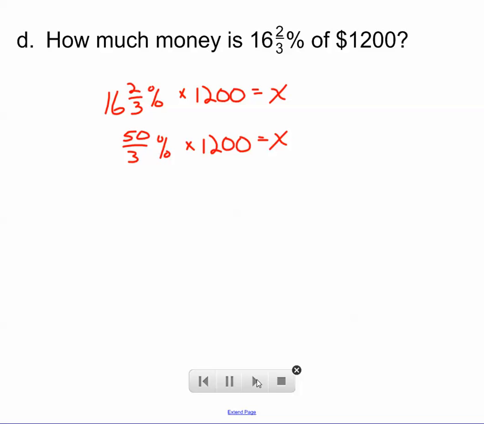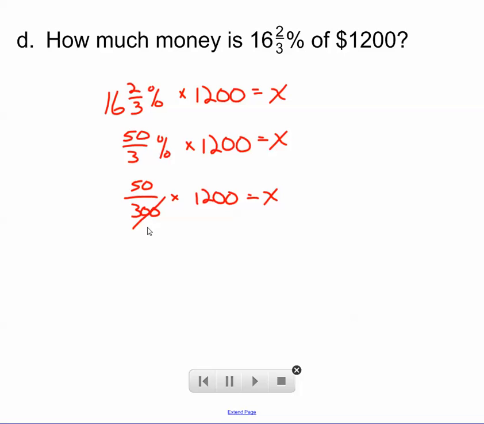Then, to get that out of percent form, I'm going to make it 50 over 300. And now it's not a percent anymore. What I just did was I divided this by 100%.